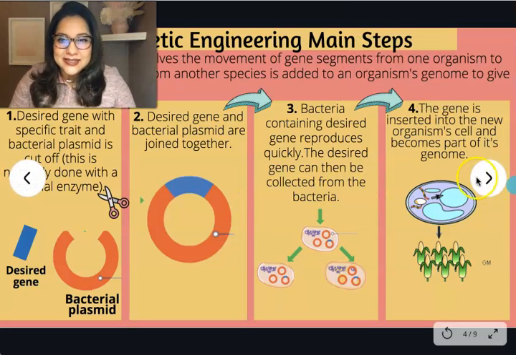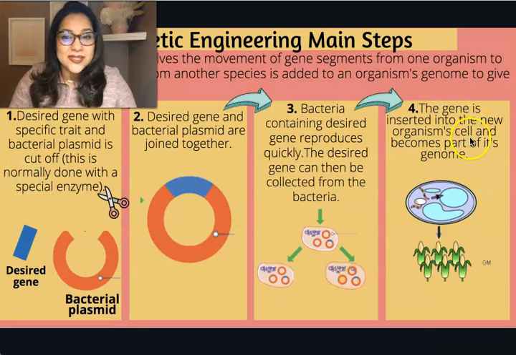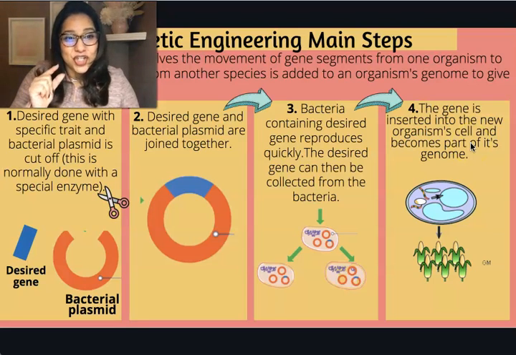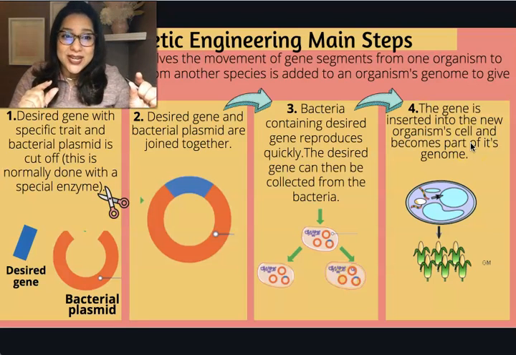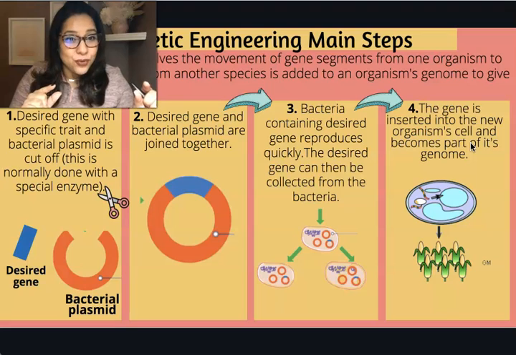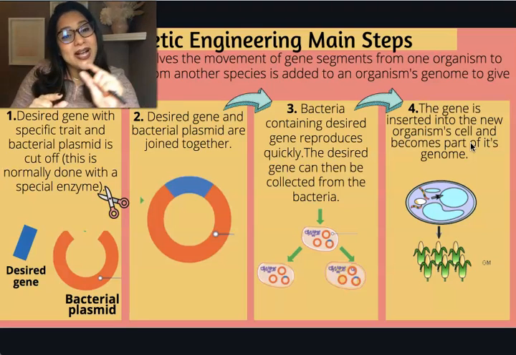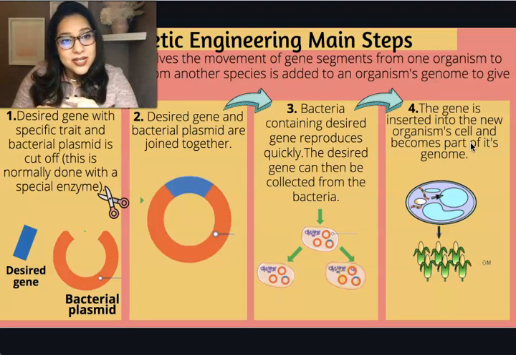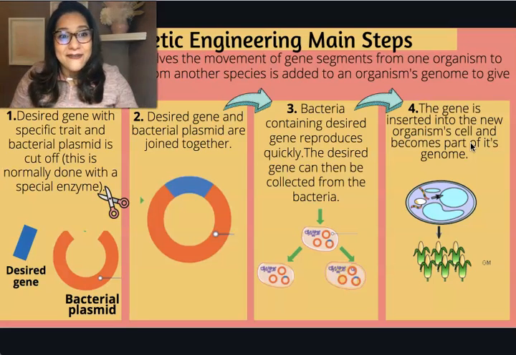Last but not least, the gene is then inserted into the new organism cell and it becomes part of its genome, right? So with genetic engineering, you're selecting this gene from one organism that has a trait that you really want, and you are transferring it to another organism with the goal of that organism now having that trait.